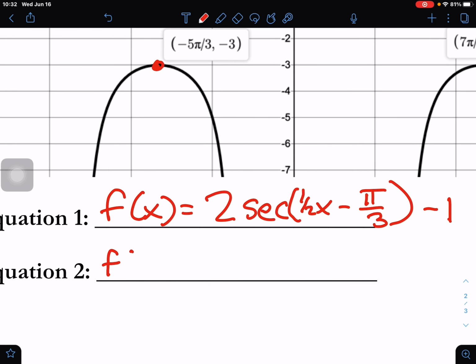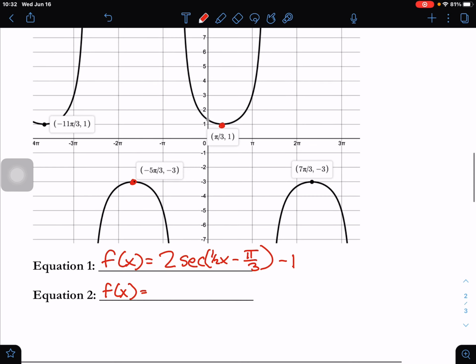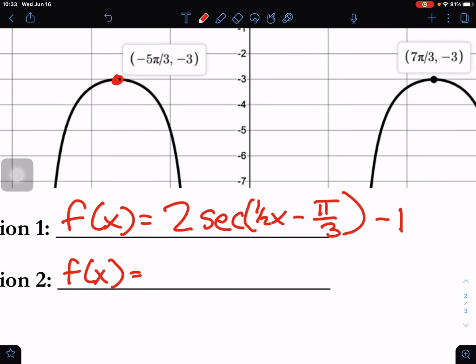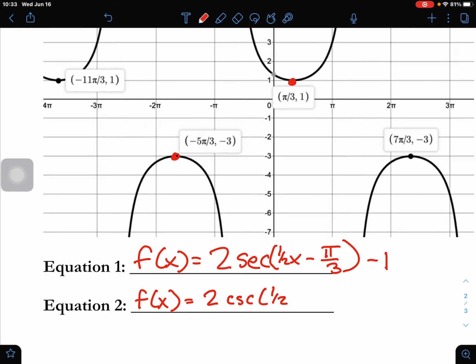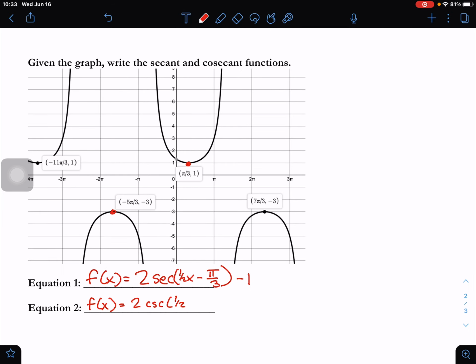And then for the cosecant function, I think since the period and the amplitude and everything are going to be the same for the most part, I believe that this 2 would remain, and then this 1/2 would remain. But what would change would be the h and k values, because it is shifted slightly for the cosecant functions.